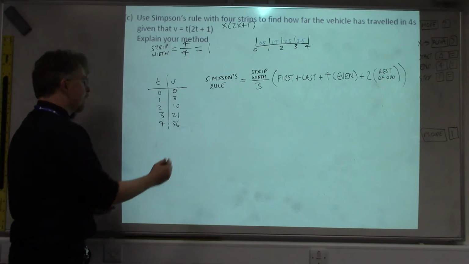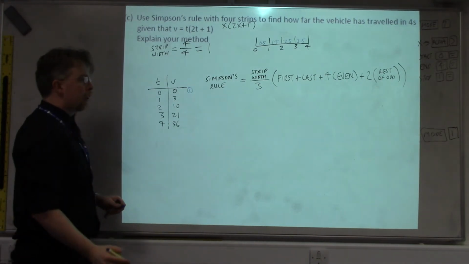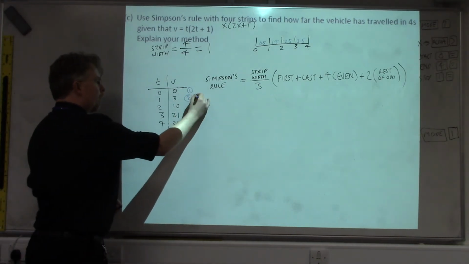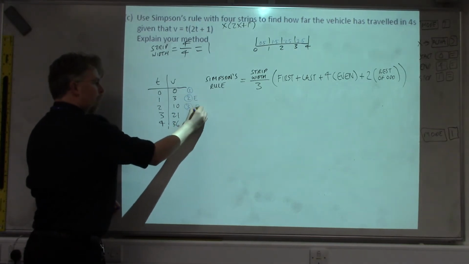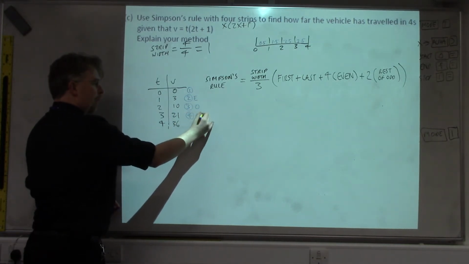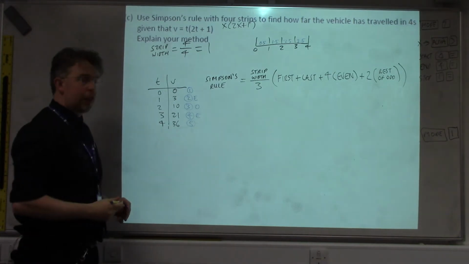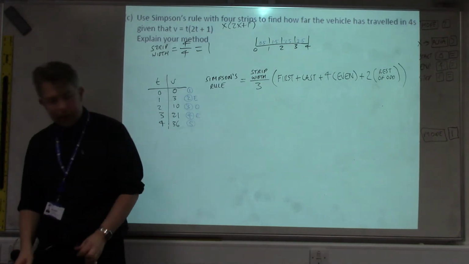So in this case, that's the first position, second, which is even, third, which is odd, fourth, which is even, fifth, which is last in this case.